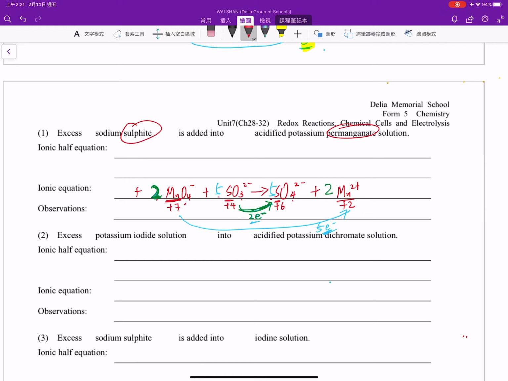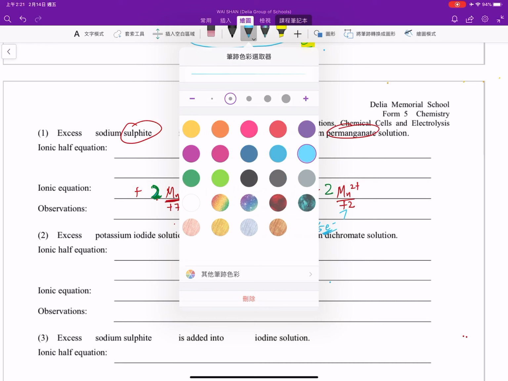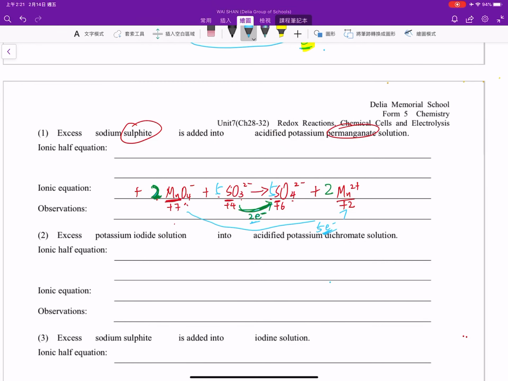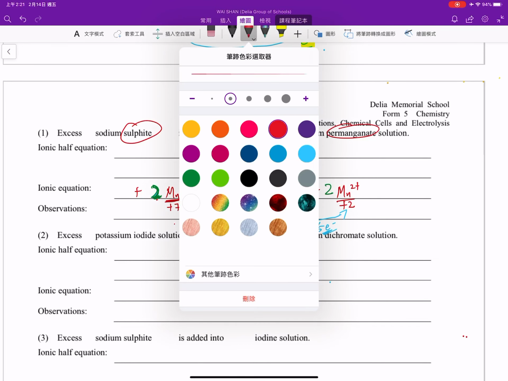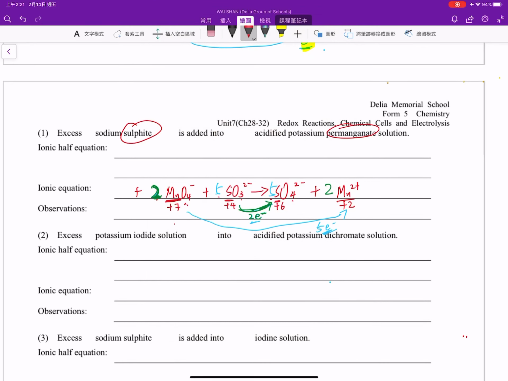So 2 times 4, there are 8 oxygen, and here 15.